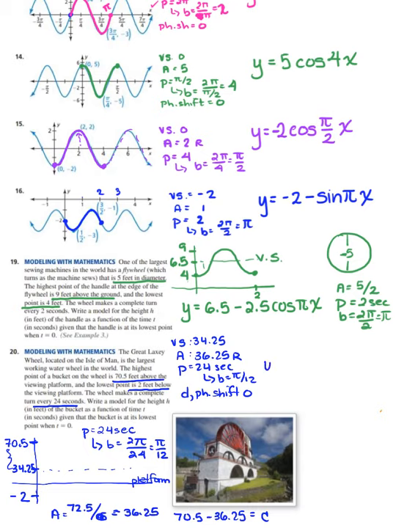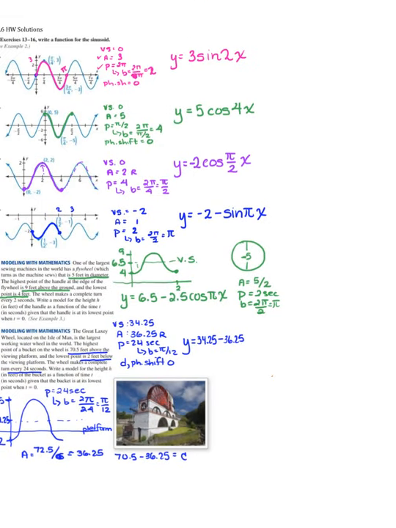Putting it all together, we know that y equals 34.25 minus, because it's a reflection going low to low, 36.25 cosine pi over 12.